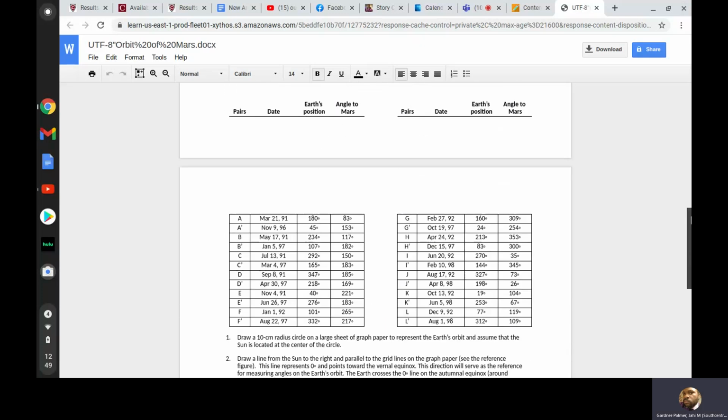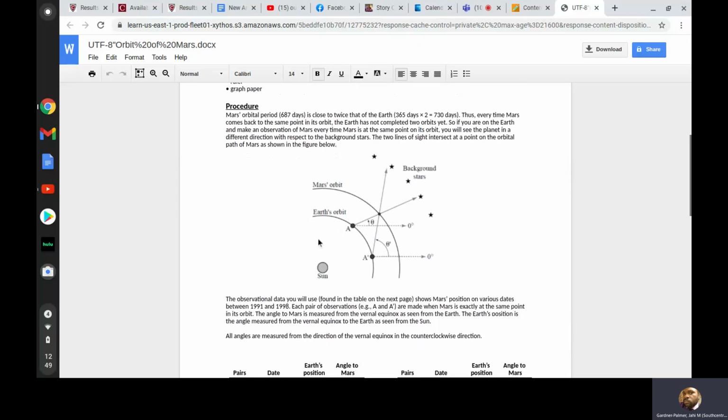Okay. And then you've got a second number that says 83 degrees, and that's the angle to Mars. So starting at where your Earth is here, you're going to measure, of course, straight across, we'll call that 0. You're going to measure up 83 degrees and then just draw a line straight, right? You'll just draw a line straight at that 83 degrees. Okay, no problem.